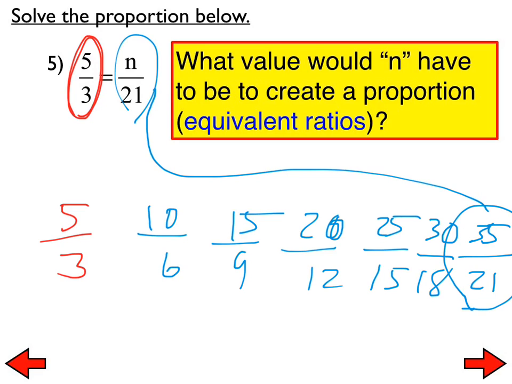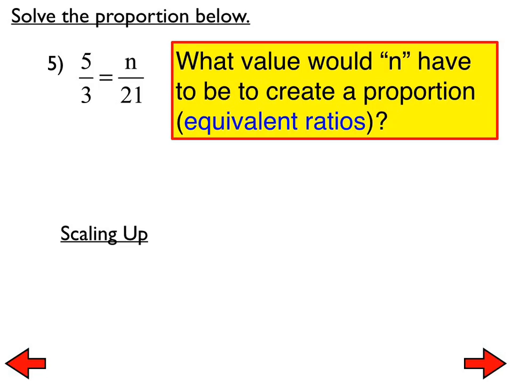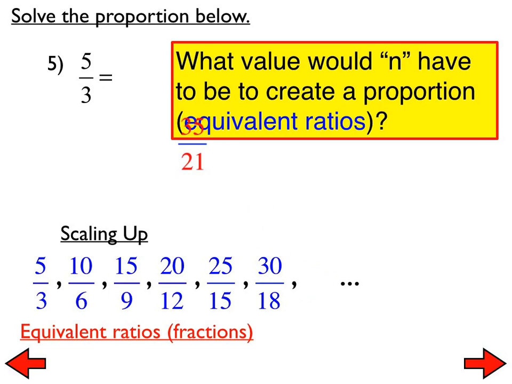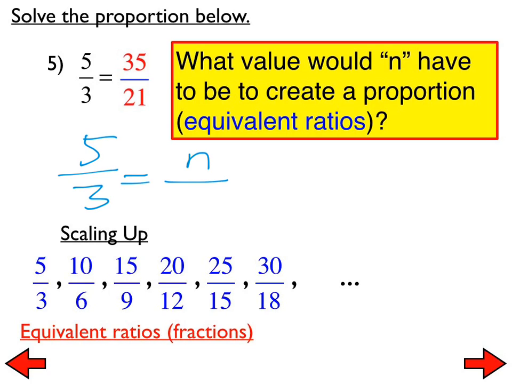That's one way of figuring out what value I need. Another way would be simply trying to figure out what do I have to multiply, because here's what we were given. We were given this, 5 over 3 equals n over 21.